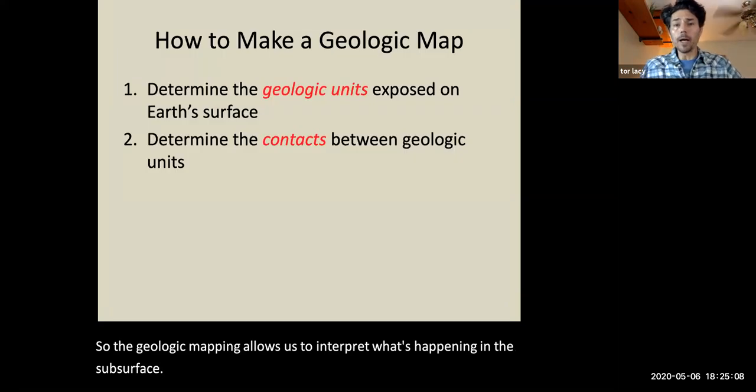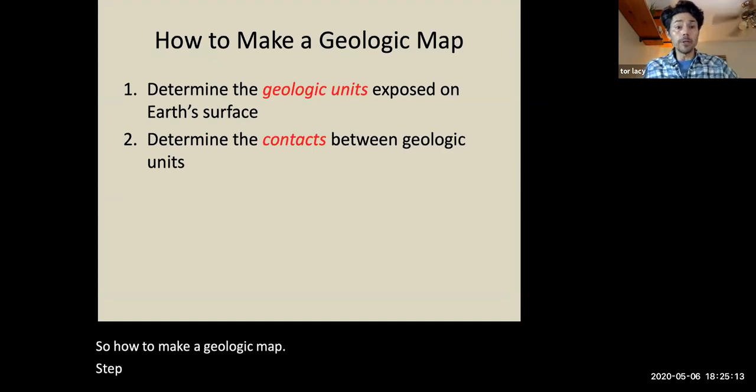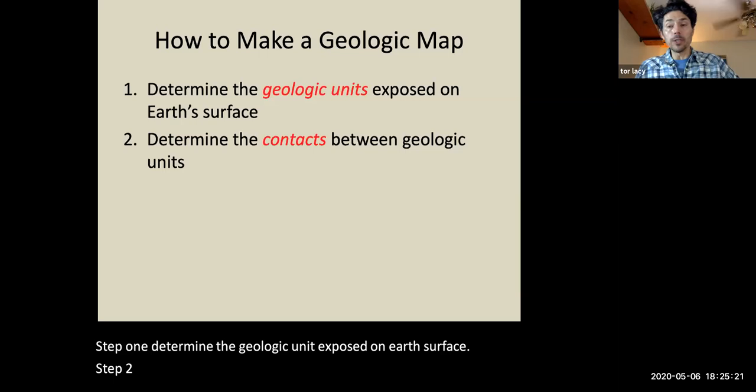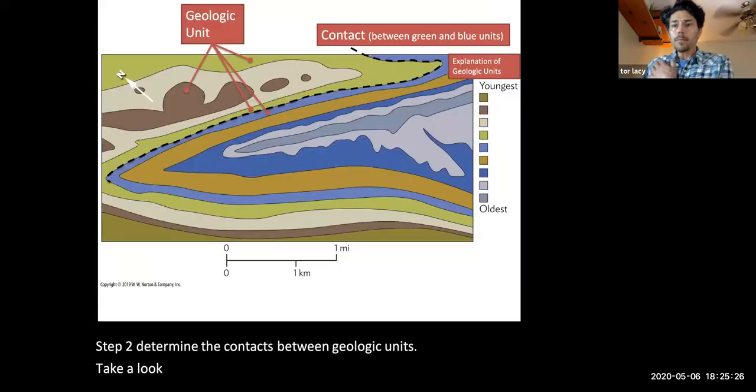So how to make a geologic map? Step 1, determine the geologic units exposed on Earth's surface. Step 2, determine the contacts between geologic units. Take a look at this illustration here.